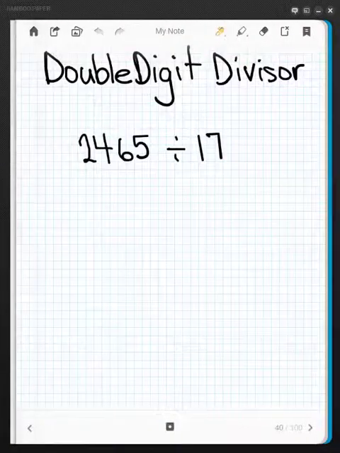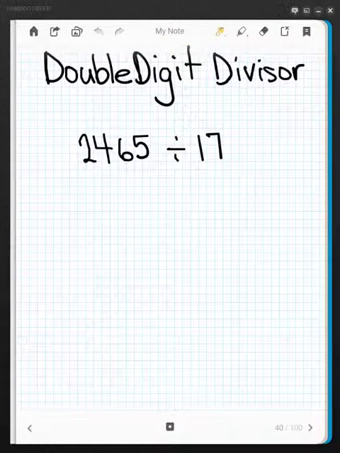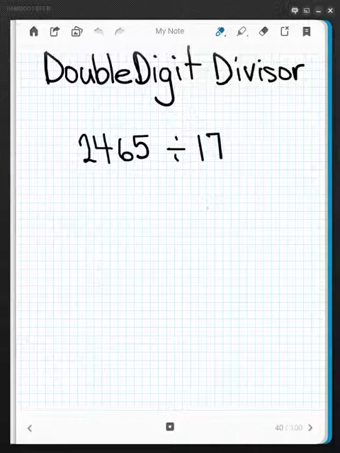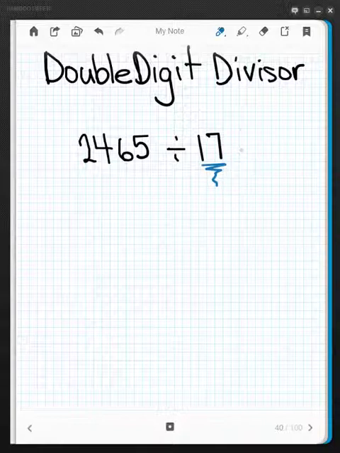Now with those little tricks under our belt, we're going to do some double-digit divisors. When I do a double-digit divisor, one of the tricks that I use is I look at my divisor and I do an approximation. If you haven't listened to my rounding video, then this might be the time to go refresh yourself on rounding.